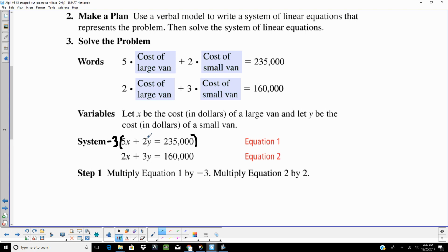And that creates a negative 6y. So that means I need to multiply the bottom one by 2. So I'm creating opposite coefficients here. Negative 6y, positive 6y. If I wanted to, I could have eliminated my x's, multiplied the top one by negative 2 and the bottom one by 5.